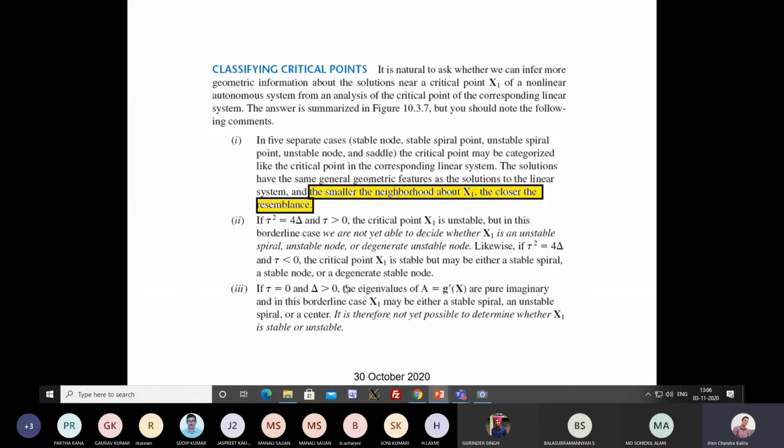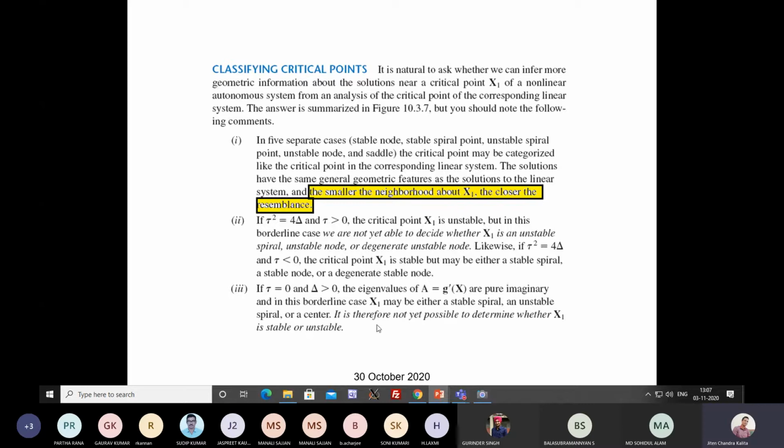Now again, if tau is 0 and delta is greater than 0, the eigenvalues of A are pure imaginary, and in this borderline case x1 may be either a stable spiral, an unstable spiral, or a center.